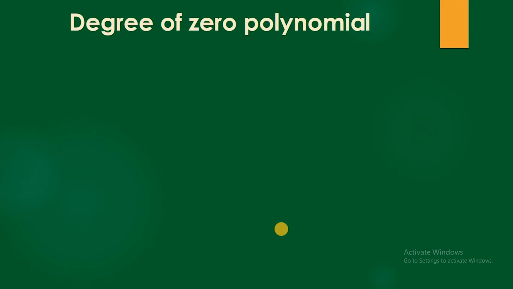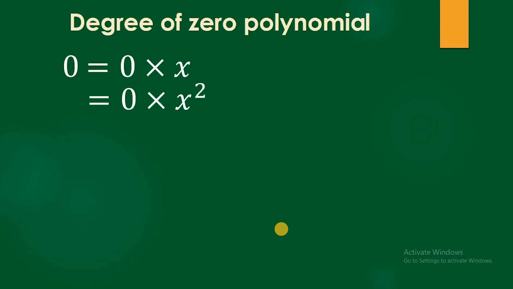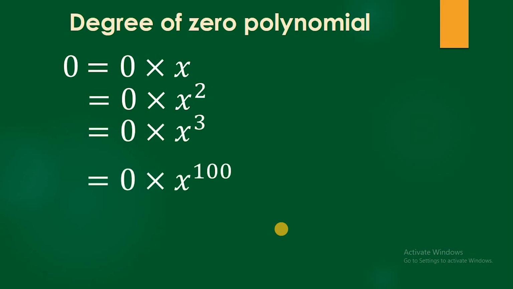What is a zero polynomial? For example, 0. Now 0 can be written as 0 into x raised to the power 1. Again, it can be written as 0 into x raised to the power 2, 0 into x raised to the power 3, and so on, 0 into x raised to the power 100.